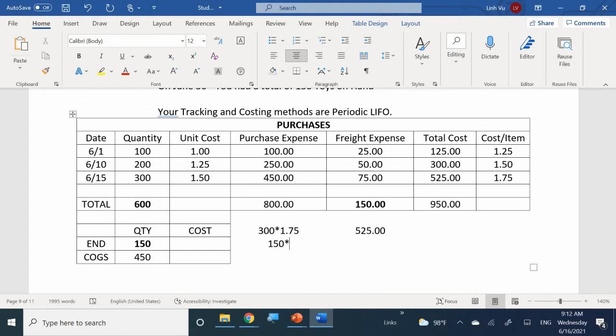What cost per item is that batch going to cost me? $1.25, which comes to 187.50. Not $1.25. That's what it costs me to purchase it from the vendor. We need to include the freight.